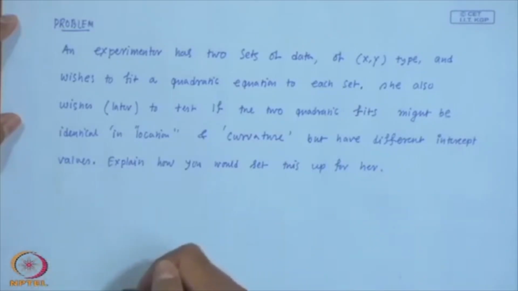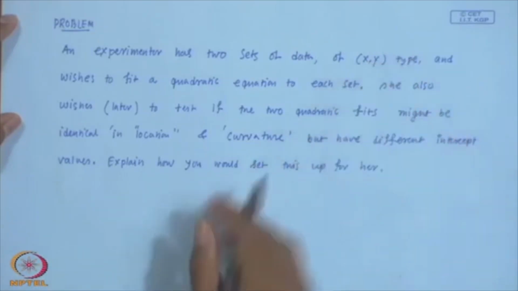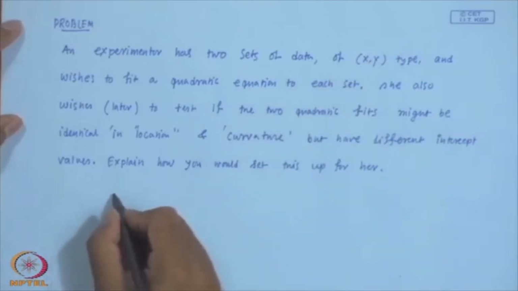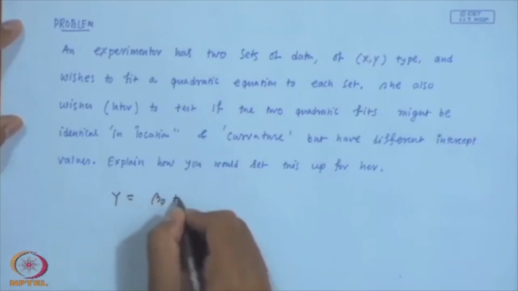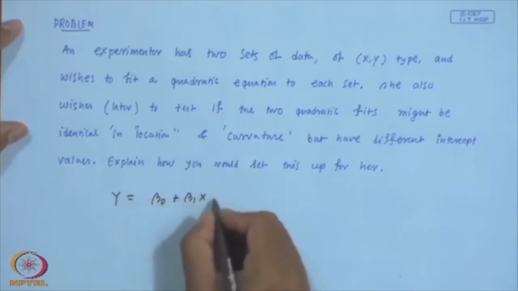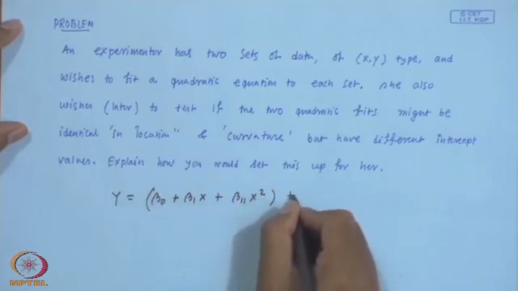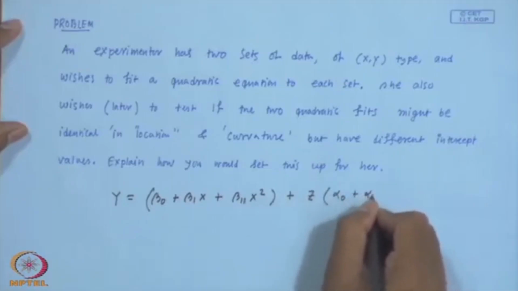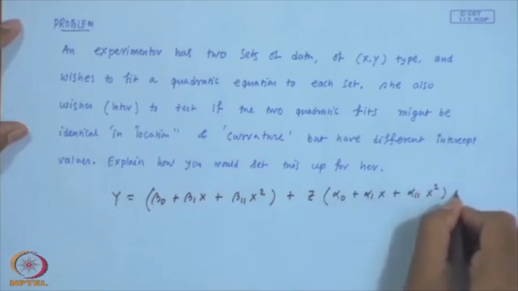Okay. So, what she has is two sets of data on x and y and she wants to fit a quadratic equation. So, she should go for the general model like y equal to beta naught plus beta 1 x plus beta 2 x square plus z times alpha naught plus alpha 1 x plus alpha 2 x square plus epsilon.